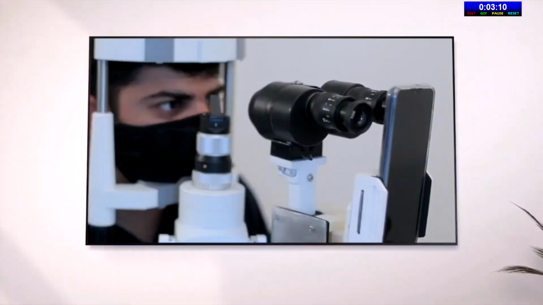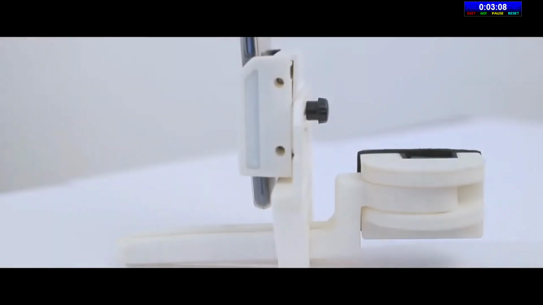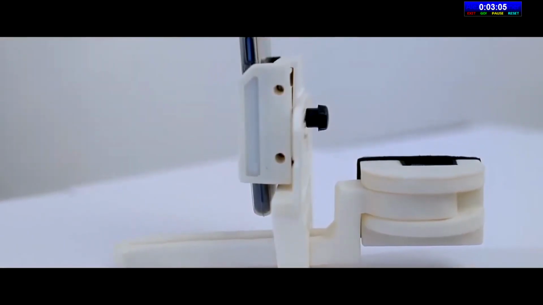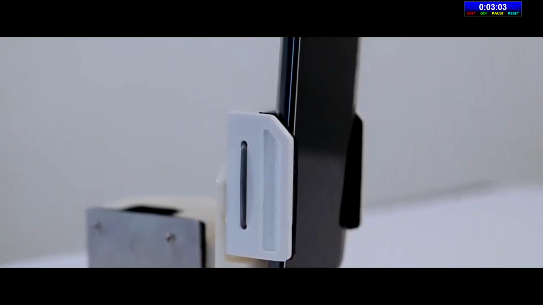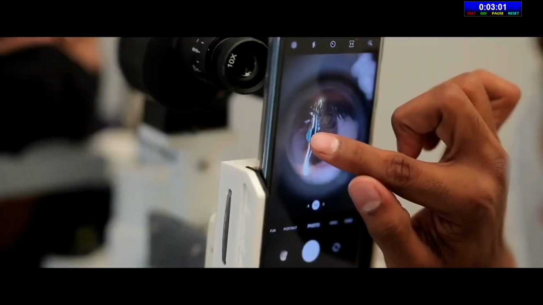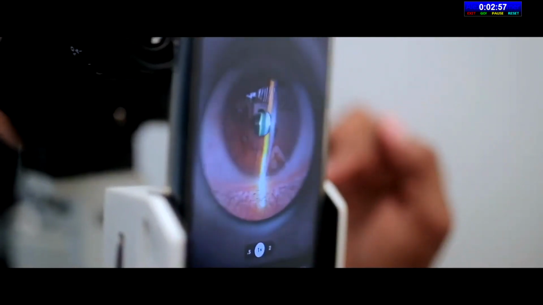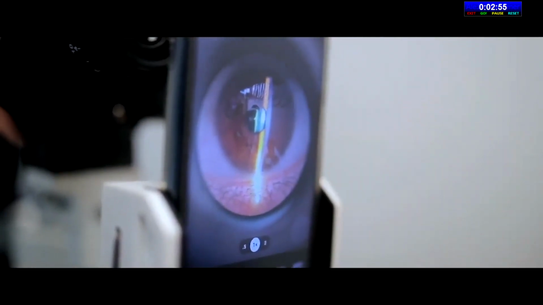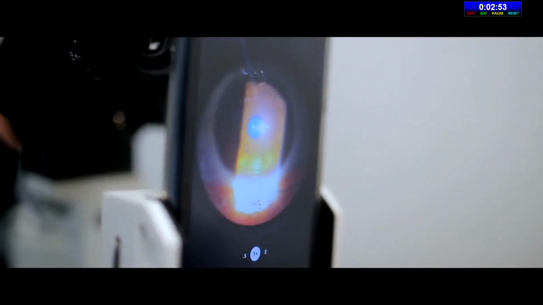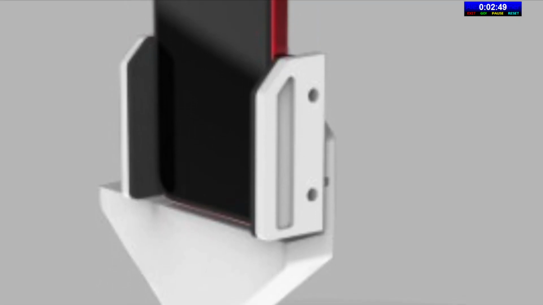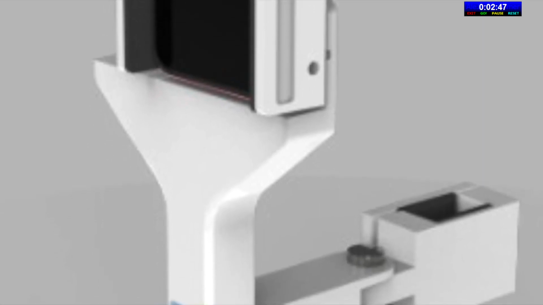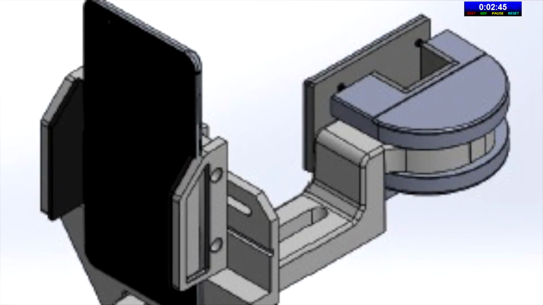Introducing the US FDA approved and patented universal smartphone based slit lamp imaging adapter. The device has been designed keeping in mind cost effectiveness and to help digitalize your slit lamp to capture images to educate patients about their conditions.